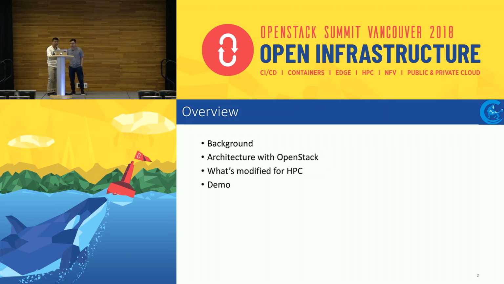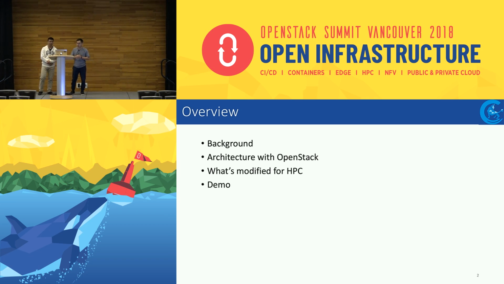So here is the agenda. There are 4 sections included in today's session. First, I'm going to introduce some background and conventional HPC architecture about TH-2. Then I'm going to talk a little bit about the motivation to integrate HPC with OpenStack and the very high-level architecture designed for TH-2.